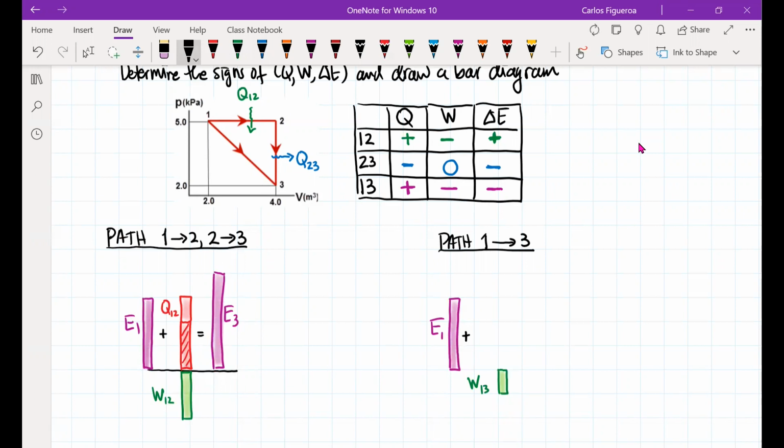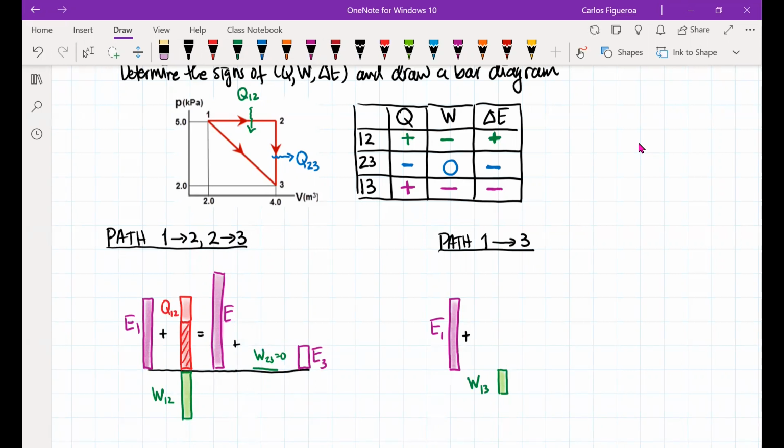And then what happens next? As I go from 2 to 3, you're seeing that I have 0 work right here. So then I know that there's a decrease in internal energy, and let's say the internal energy decreases by this amount right here. Okay, this is the internal energy at 3.